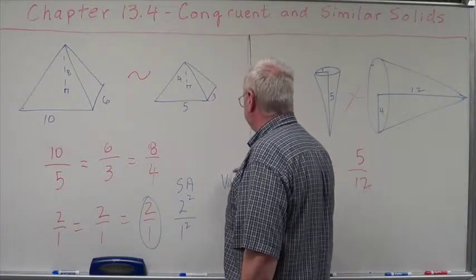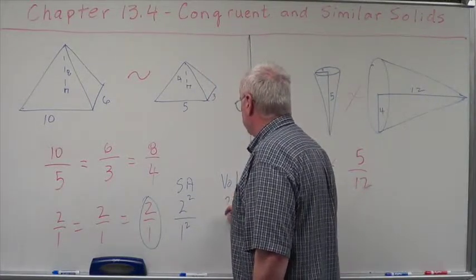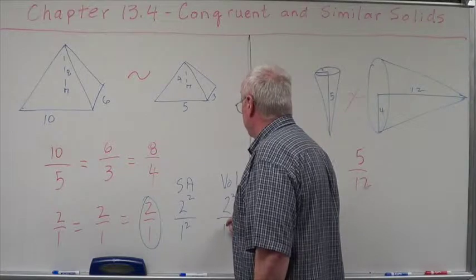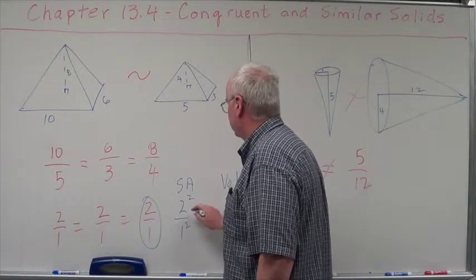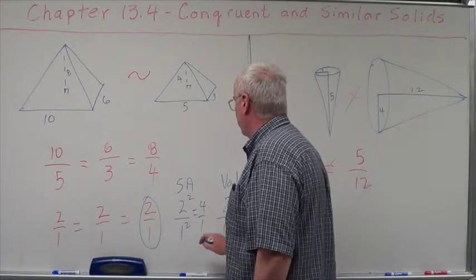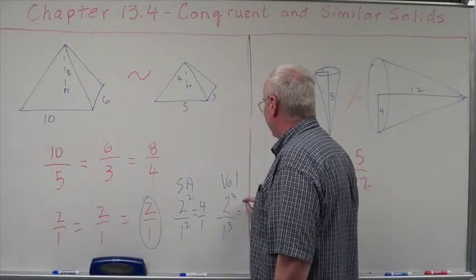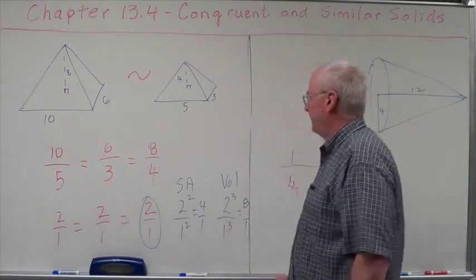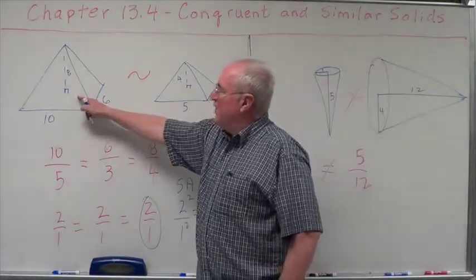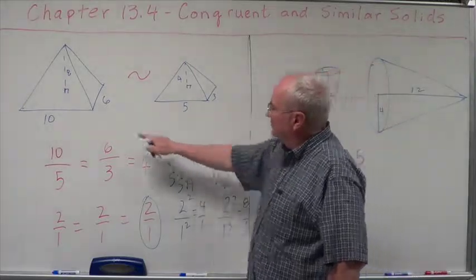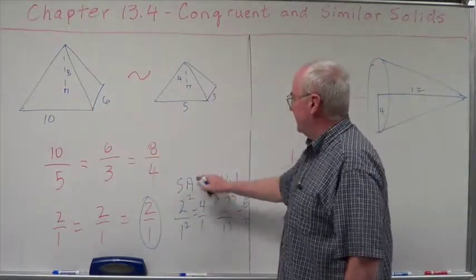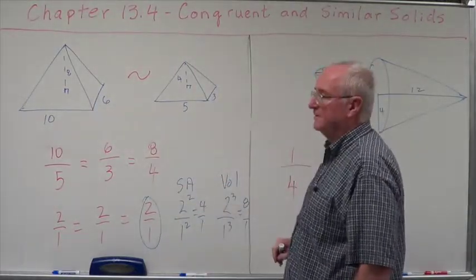What's their volume? 2 cubed as to 1 cubed. Well, this equals 4 to 1, and this equals 8 to 1. So that means this one holds 8 times more than this one does. This one has 4 times the surface area as this one does.